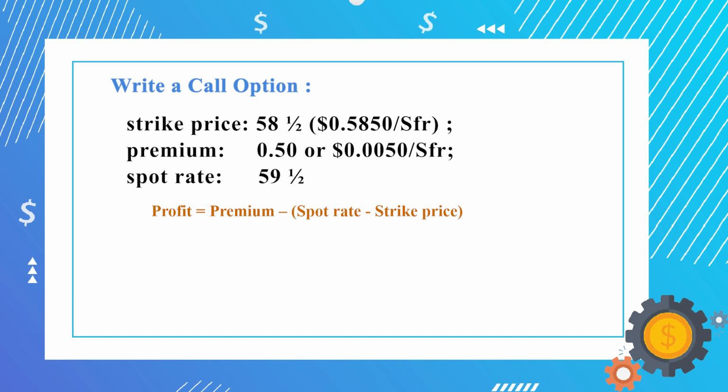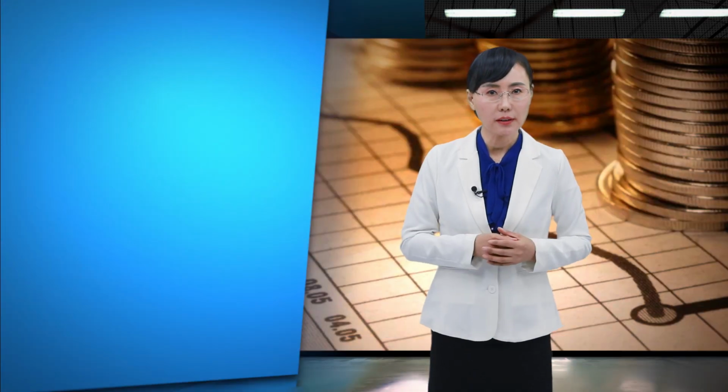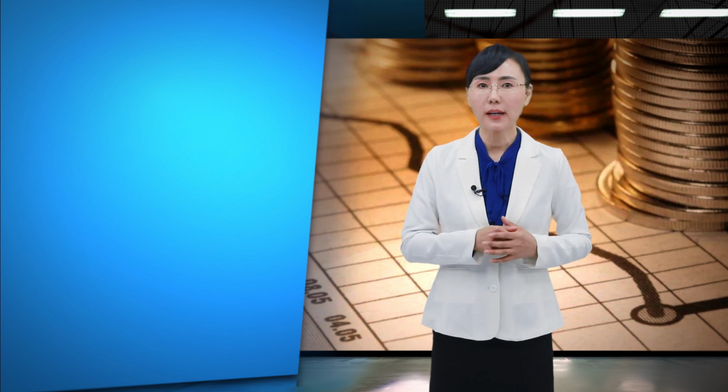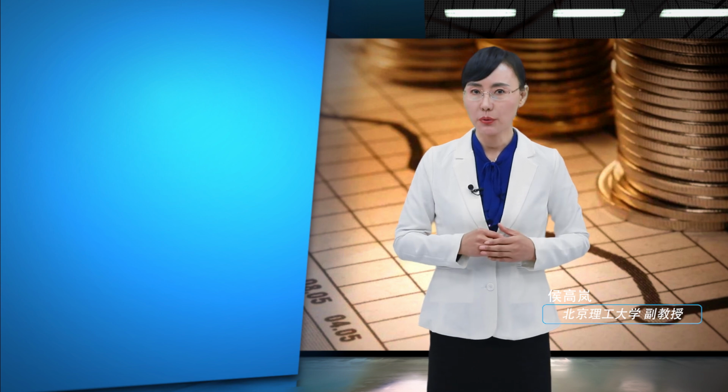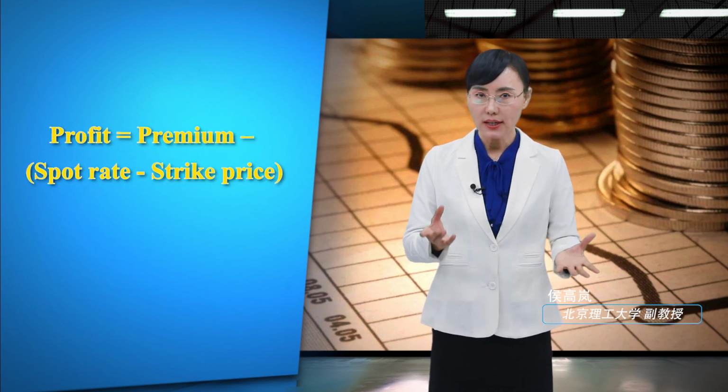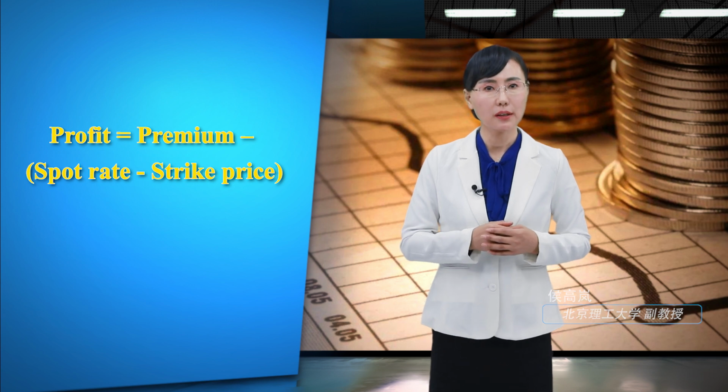In the example, it is $0.005 per Swiss franc minus, inside the bracket, $0.595 per Swiss franc minus $0.585 per Swiss franc, equals negative $0.005 per Swiss franc. We can say from the formula, only when the gap between spot rate and the strike price is smaller than the premium, the writer can earn a positive profit.